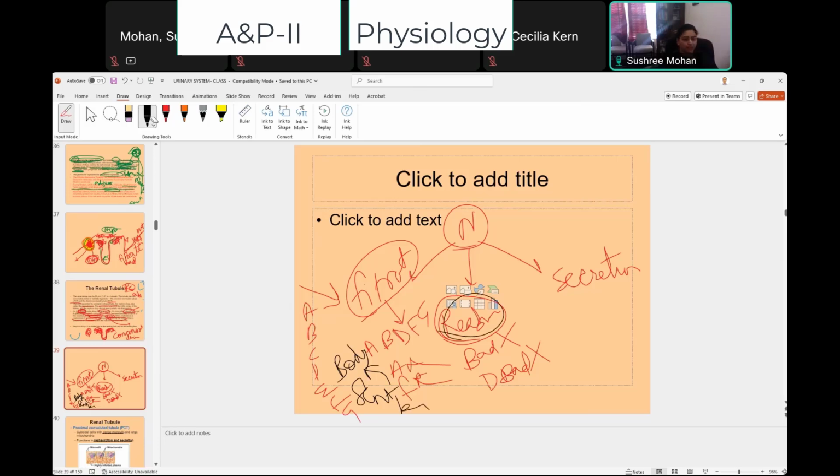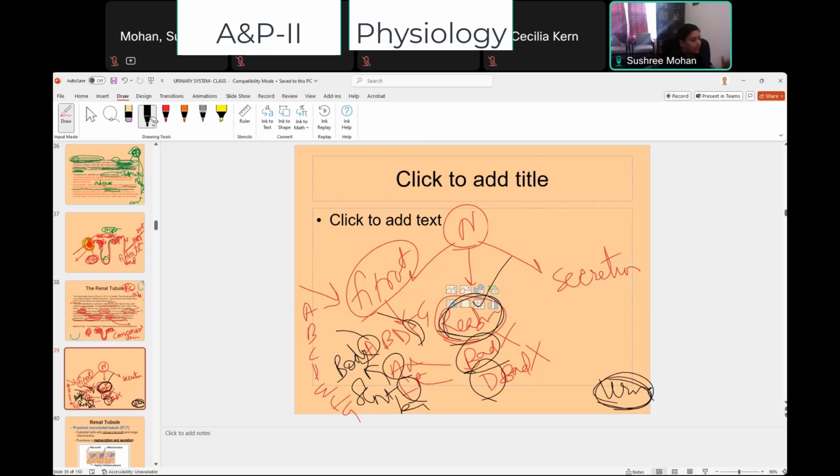That is reabsorption. Now reabsorption is completed because these guys which escaped somehow are sent back. What do we get? We get B and D, which are supposed to be in the urine.